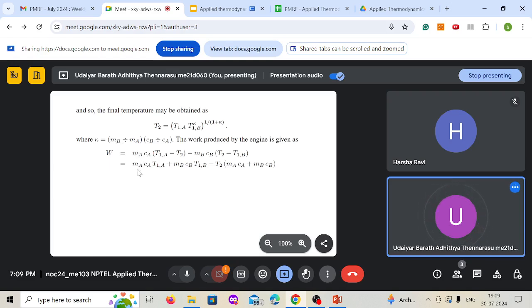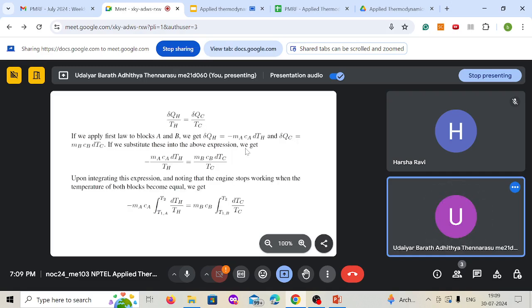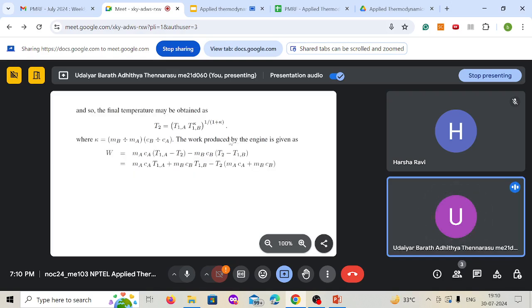So it comes out to be MaCa T1A plus MbCb T1B minus T2 times MaCa plus MbCb. I think this is a very simple problem. First you apply the integral to find the temperature, assuming a reversible process, and then using that you apply the first law to estimate the net work done.